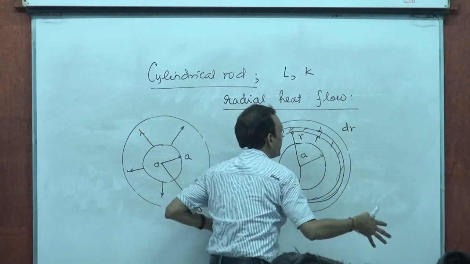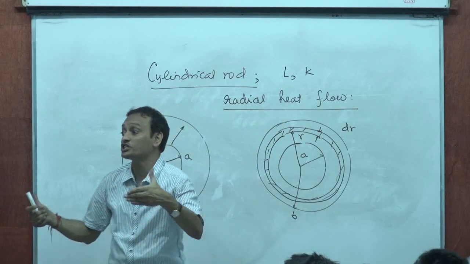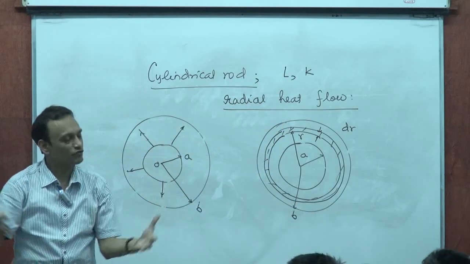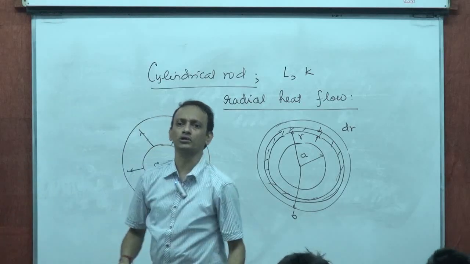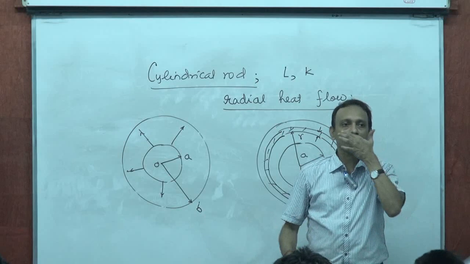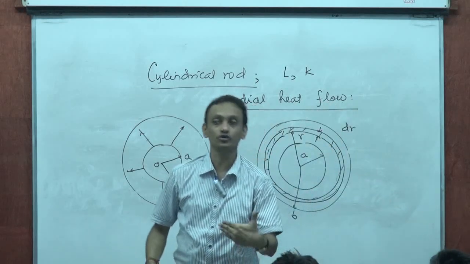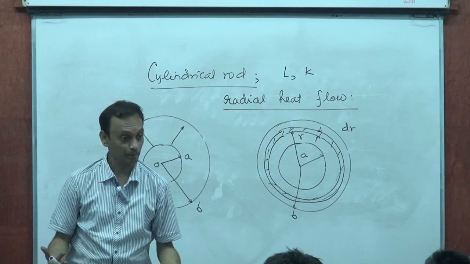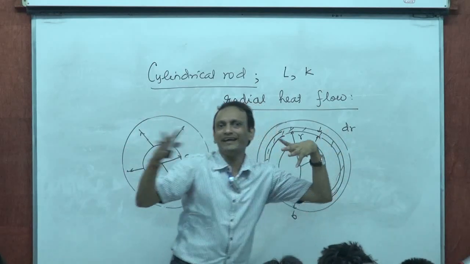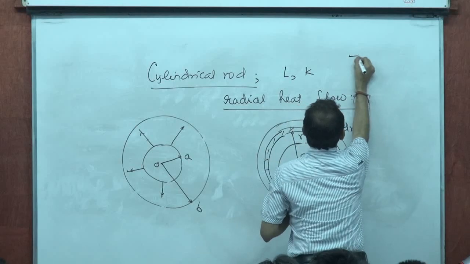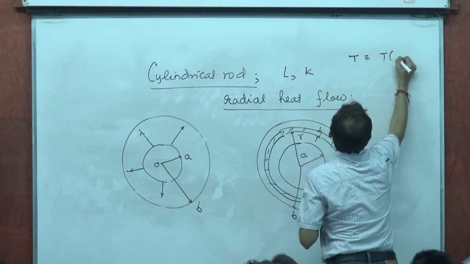So heat flowing radially outwards in which area of cross section is varying. But the cardinality is not lost. The cardinality is that the heat current through any given cross section must be the same. And since, because of symmetry, heat is flowing only radially outwards, temperature would be a function of R alone.